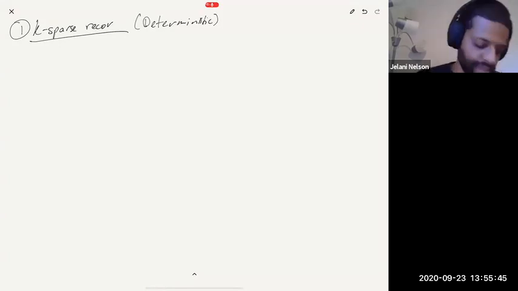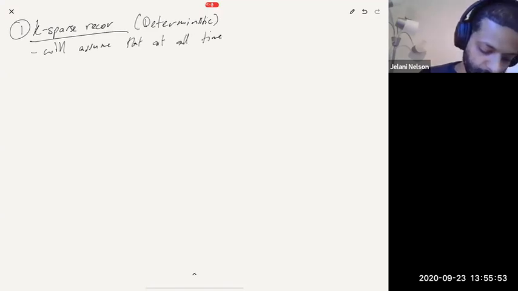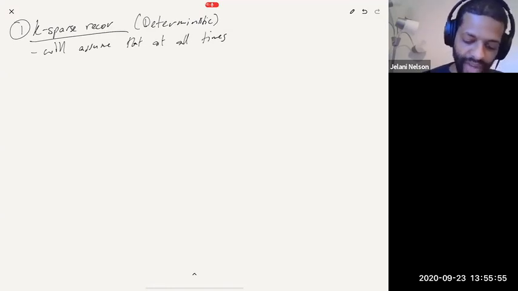And I'm going to make the assumption that I have bounded entries in my histogram. Just to make it simple, let's say poly n.